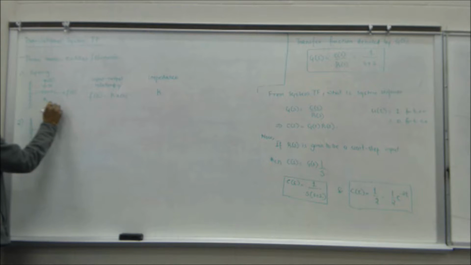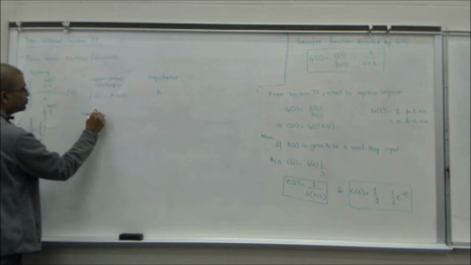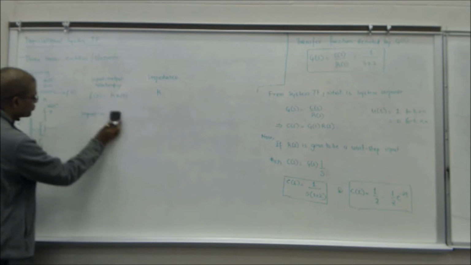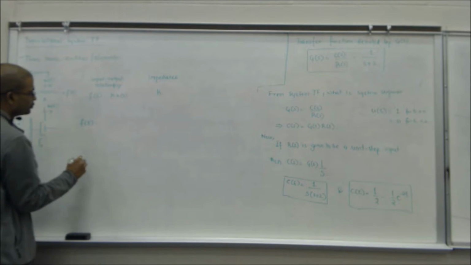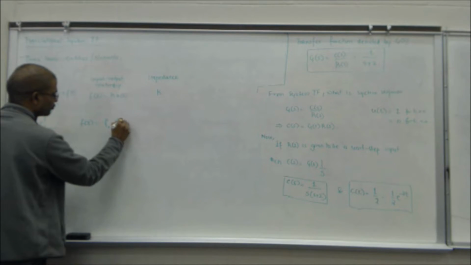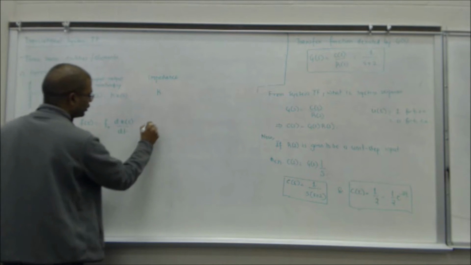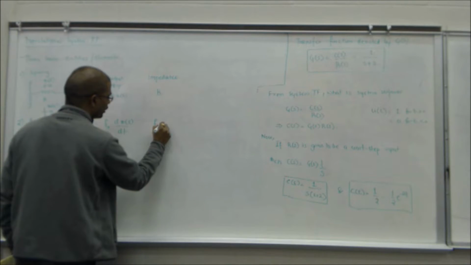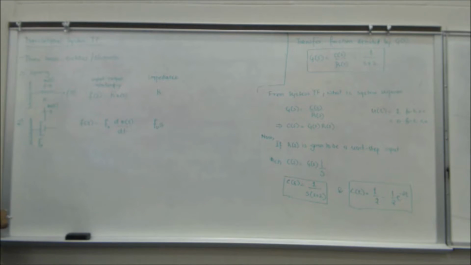The displacement is denoted by X of T. So the input-output relationship, you have F of T is equal to Fv times dX of T over dt, and the impedance is Fv into S. Okay. And the final element is a mass.